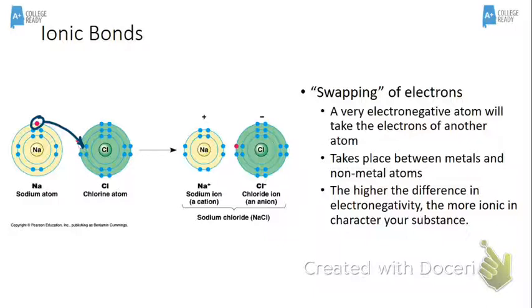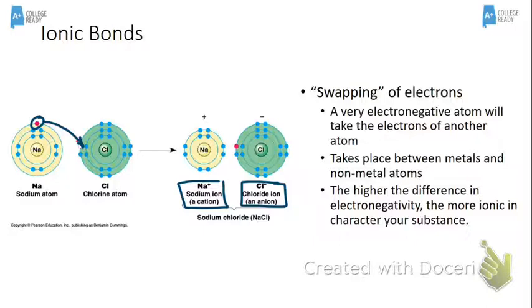So that's going to give the chlorine, or what we call now the chloride ion, a negative charge overall. And then the sodium is going to get a positive charge. And also notice that that outer shell on sodium is now gone. That is where sodium gets its stability from.